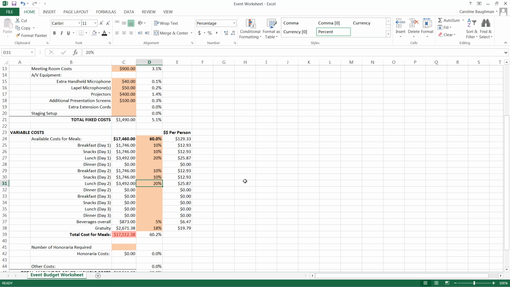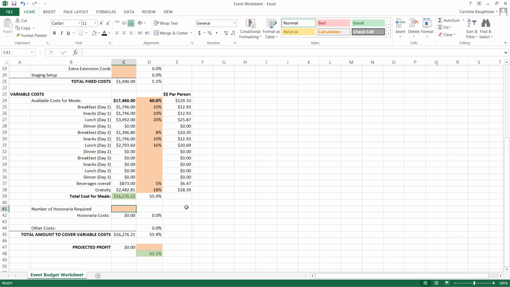And like I said, $25 is a ton to spend on supper, and close to 13 is a lot to spend on breakfast too. So maybe I'll drop, because it's a half day and I don't have to keep them as long, maybe I'll drop the second day down to 8% and the lunch down to 16%, and that gives me $20 still to play with, and I'm coming in pretty good under budget.